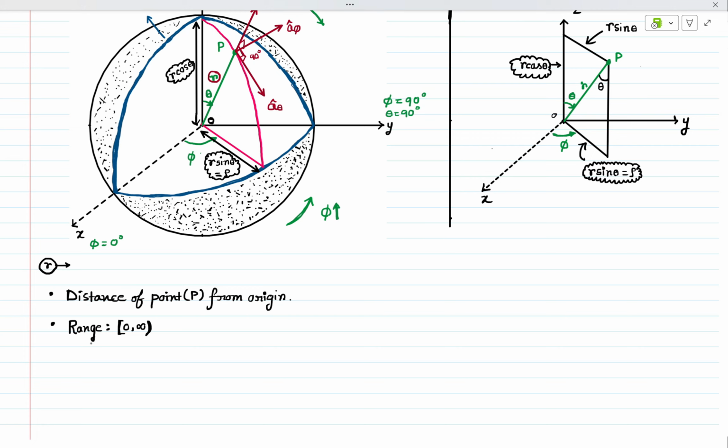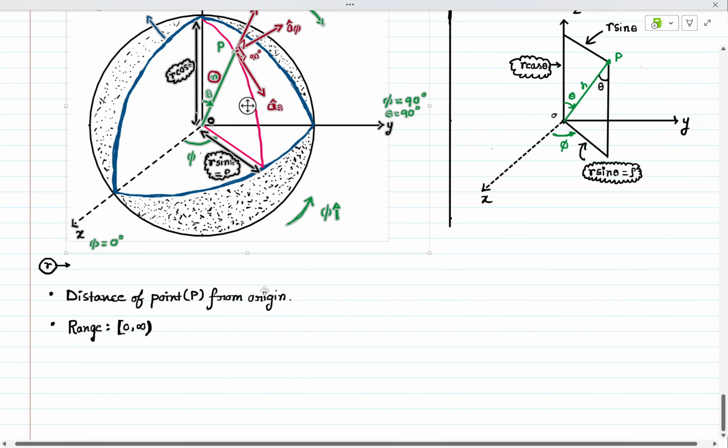Now, what is the theta? I have given the definition of the R. Now, what is the theta? Okay, for theta and phi, I will do a thing.